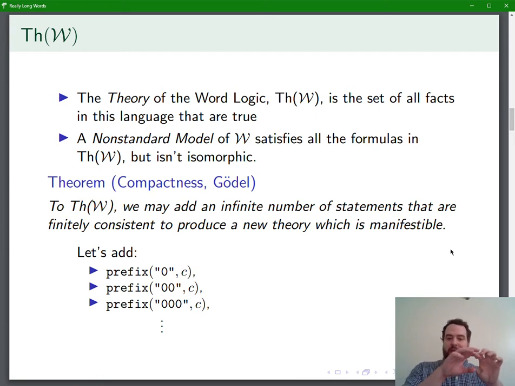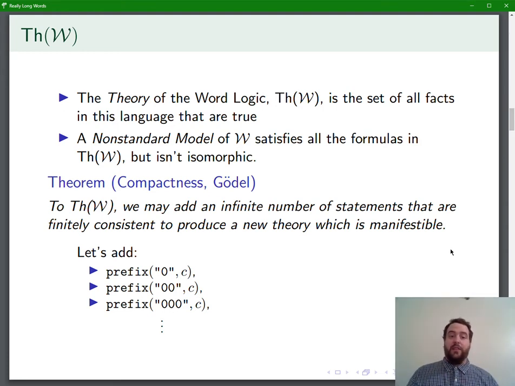So we have our word logic and we have our non-standard model, and they're going to be the same in terms of the facts that are true about them, but they're going to be different somehow in a way that this logic isn't going to be able to perceive.